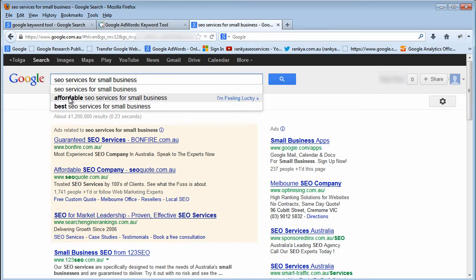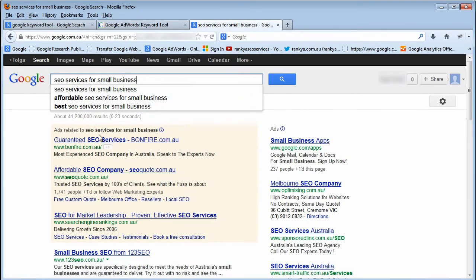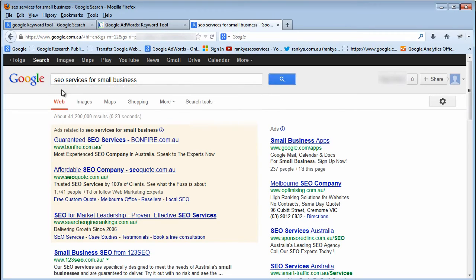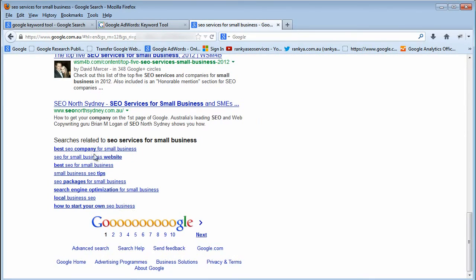Then you look at it. This is what you do after you choose the ones, like 10, 20, 30 that you want to rank in organic results. Then you go to the Google box and start typing that sort of research in the Google box as well. Let's say we search for that, then related searches become important as well.